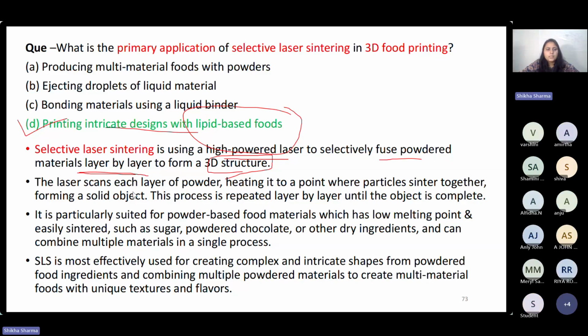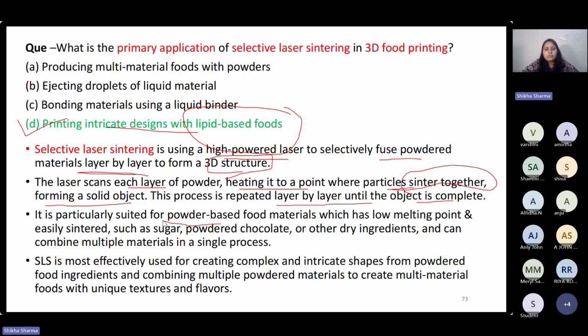The laser scans each layer of the powder, heating it to a point where the particles sinter together and form a solid object. So the layers made from the powders are heated up, and a solid object is made out of that. This process is repeated layer by layer until the object is completed.